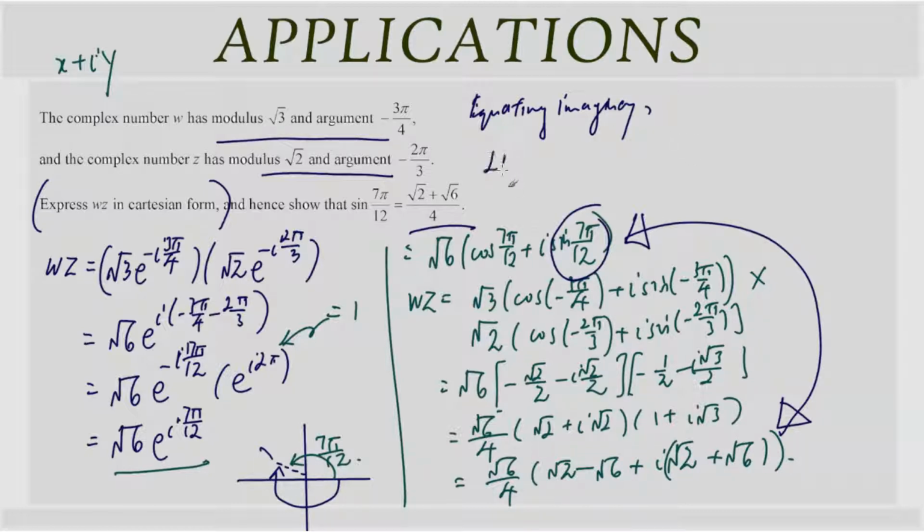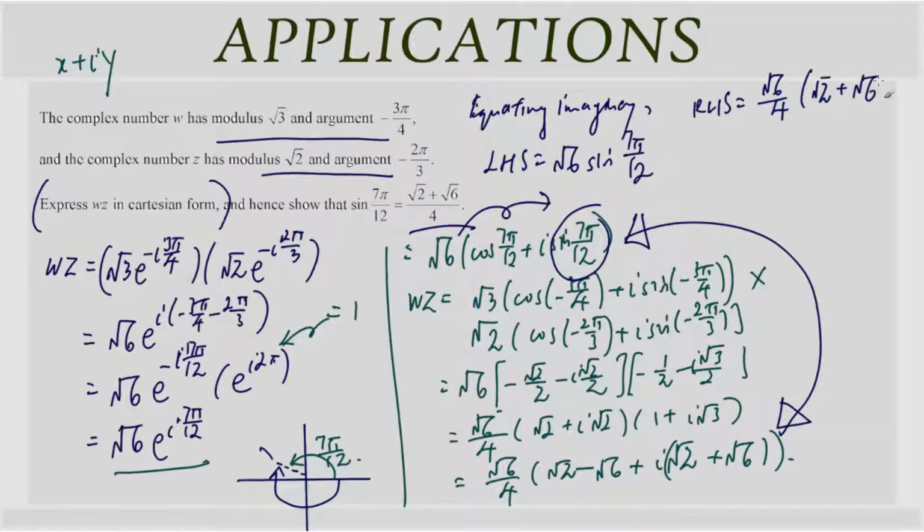So the left hand side is equal to root 6, not forgetting the magnitude of sine. We have root 6 times sine of 7 pi over 12. And the right hand side is equal to, what do we have? We have root 6 over 4 times root 2 plus root 6, right?